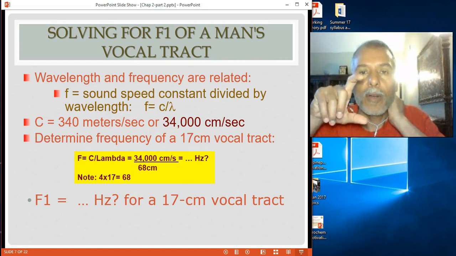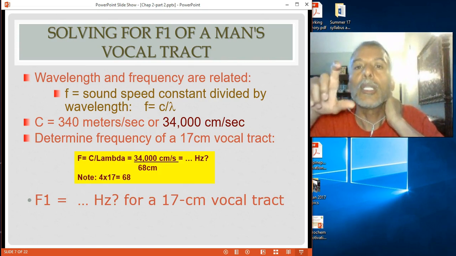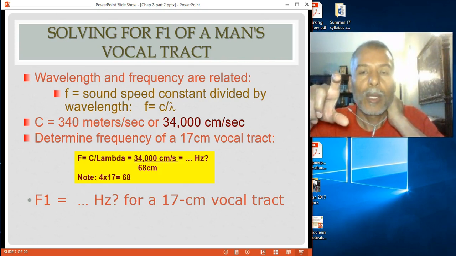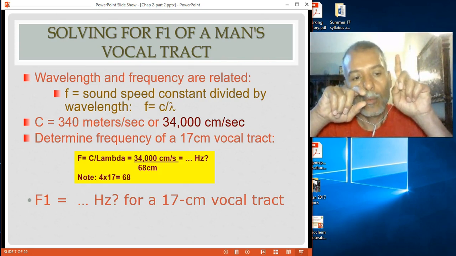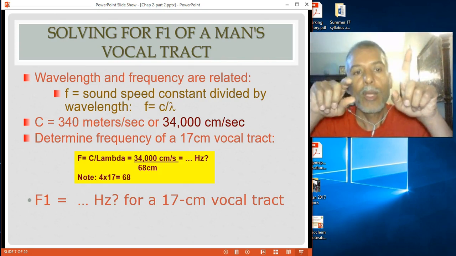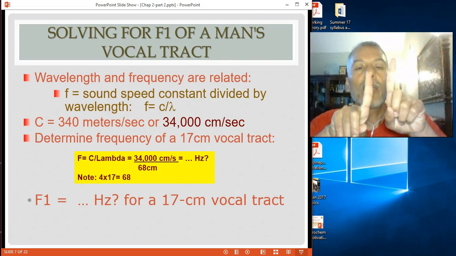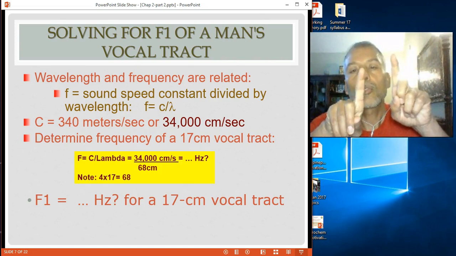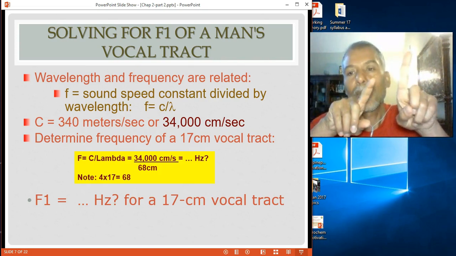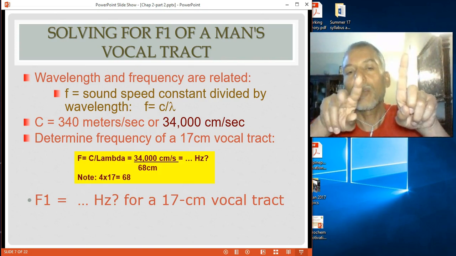If you say 500, the next one is going to be 1000. You still count the numbers as 1, 2, 3. Let's call them R1, R2, R3, like resonance number 1, resonance number 2, resonance number 3.